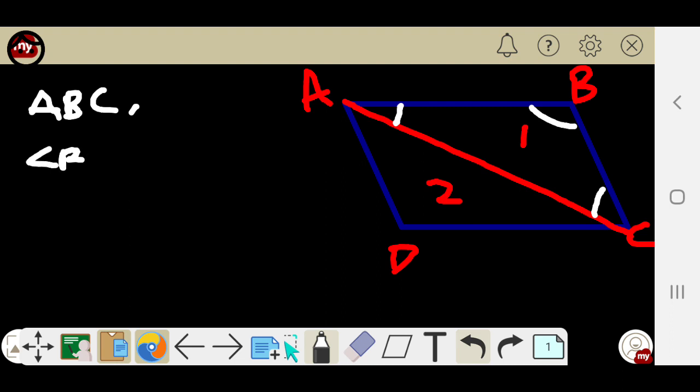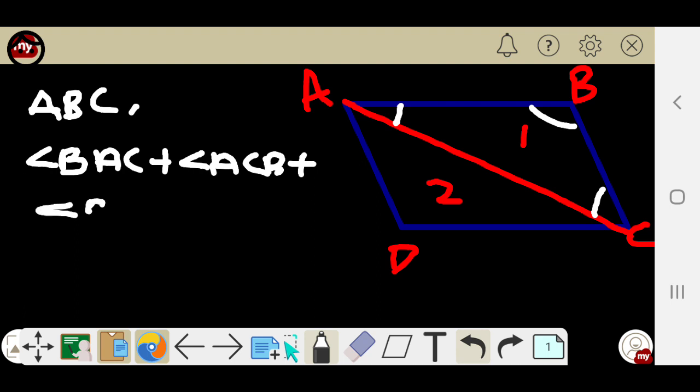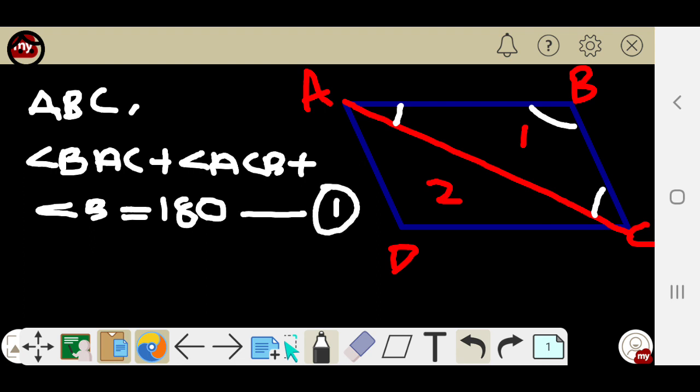Angle BAC plus angle ACB plus angle B equal to 180 degrees, because these are the three angles in the triangle ABC. Then we can call this equation number 1.